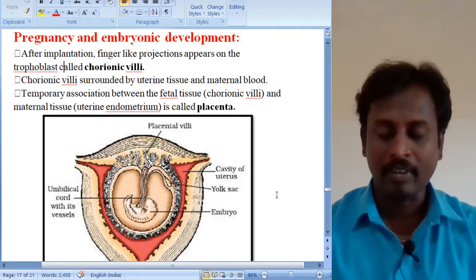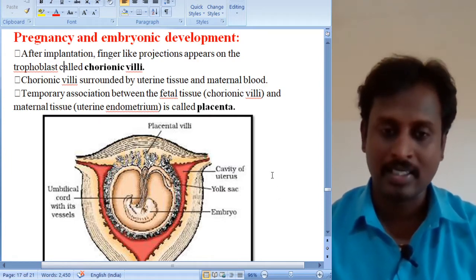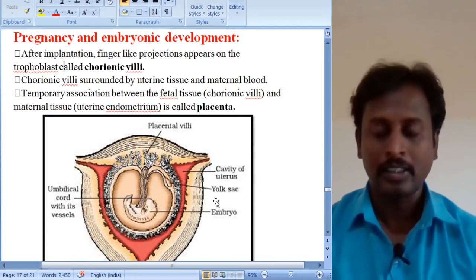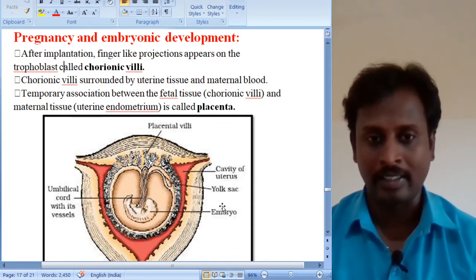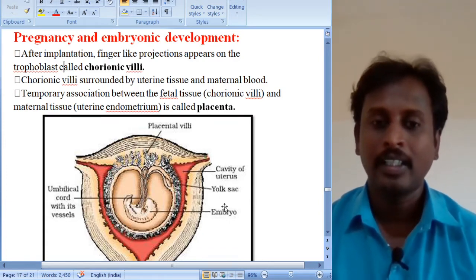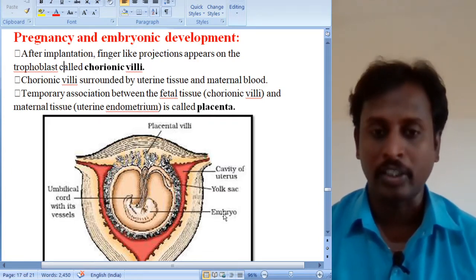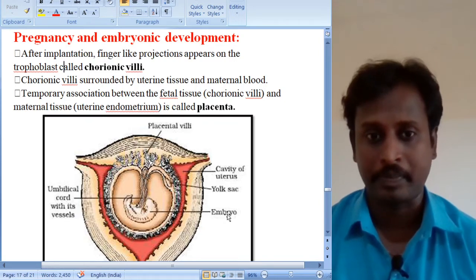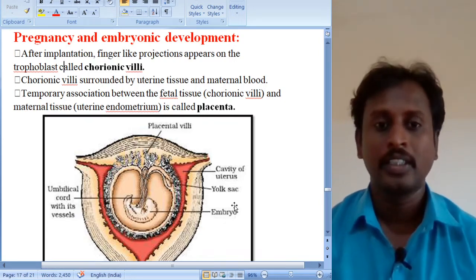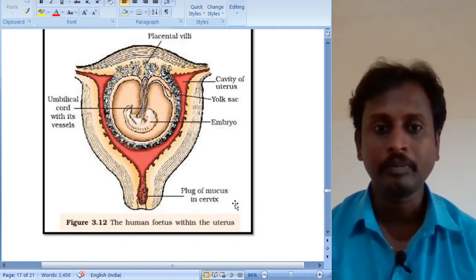These are the hormones secreted by the placenta at the time of pregnancy, acting as an endocrine gland. In the later stage, the relaxin hormone is secreted by the ovary also. Got it, students?